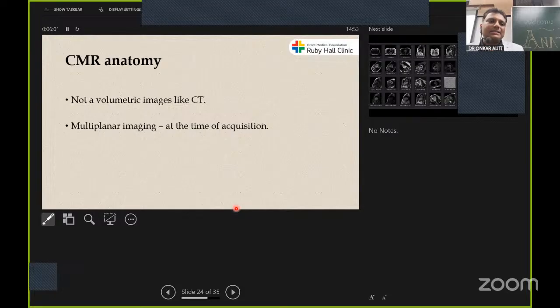On MR, it is multi-planar imaging. You can take images in any plane, but you have to do it on the machine itself when the patient is in the magnet. Whereas on the CT scan, you do the CT scan and you can assess the images whenever you want to, right? On MR, when the patient is within the MR gantry, you have to take images at that point only, right?